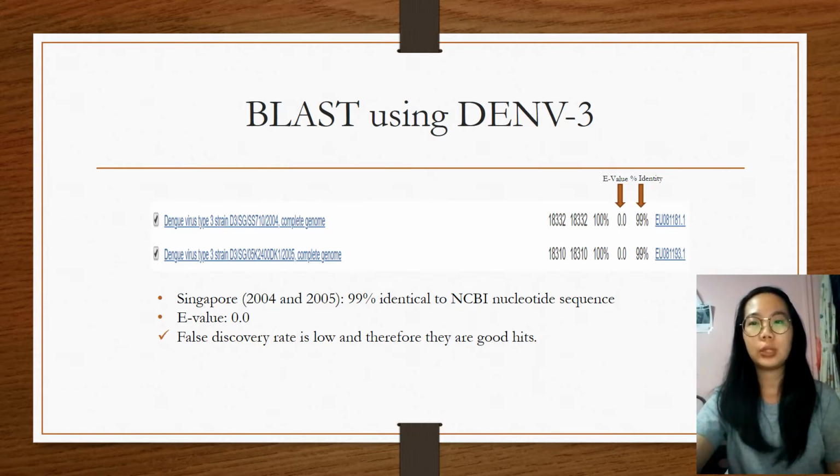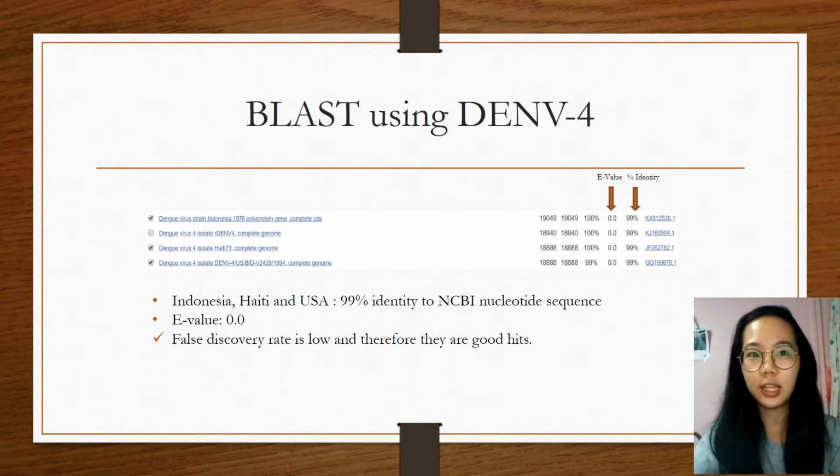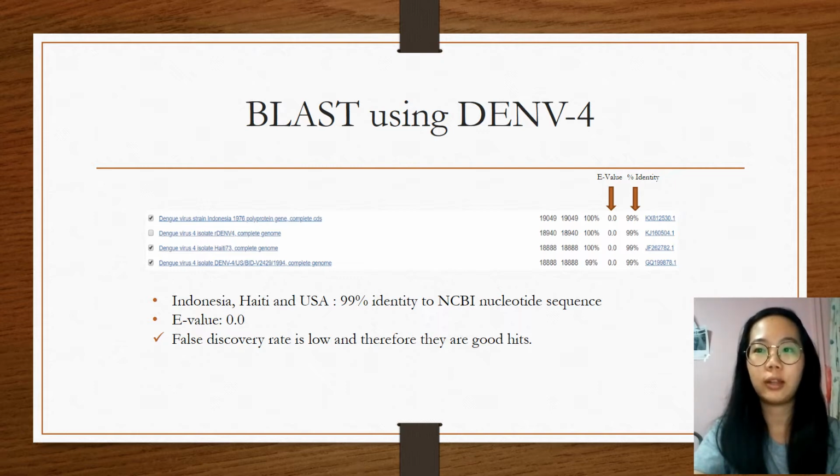Since the E-value is 0, the false discovery rate is low and therefore they are good hits. We placed the DENV4 nucleotide sequence found on NCBI into BLAST and found that DENV4 isolated from Indonesia, Haiti, and the US are 99% similar to the DENV4 nucleotide sequence that we entered. Since the E-value obtained is 0, this means a low false discovery rate and therefore they are good hits.